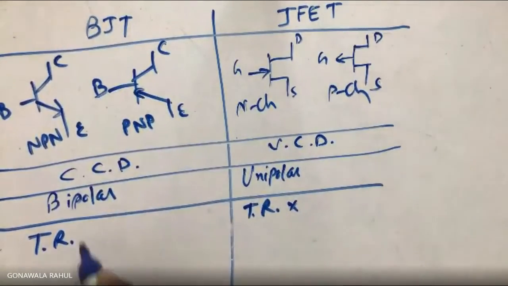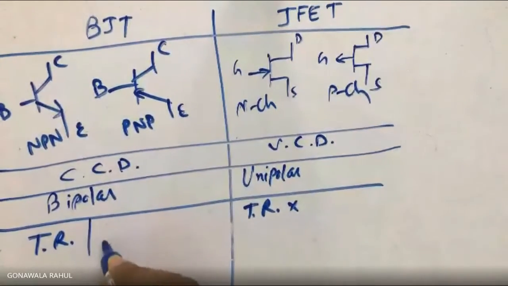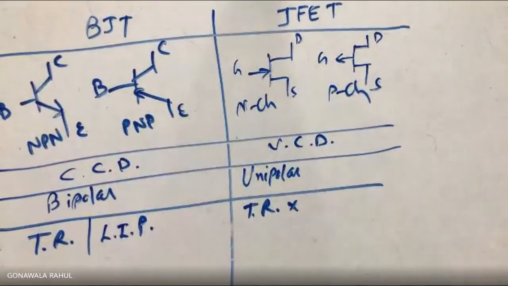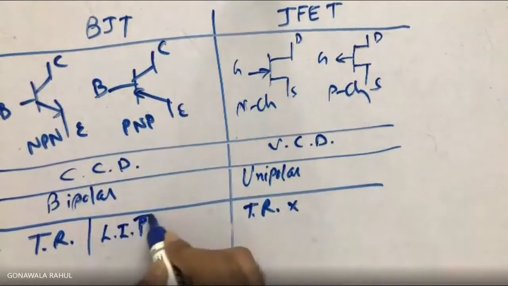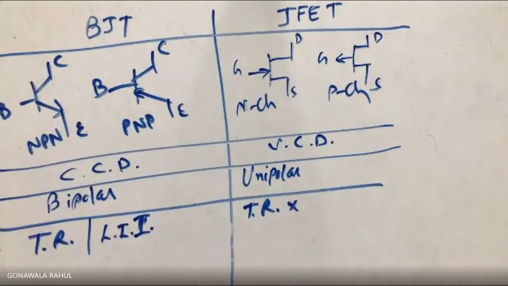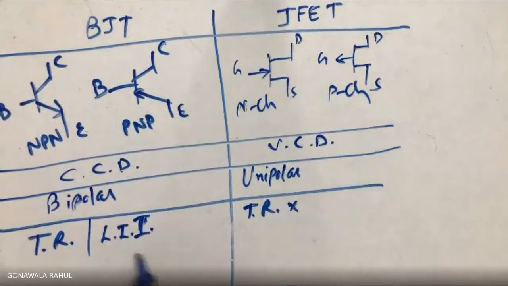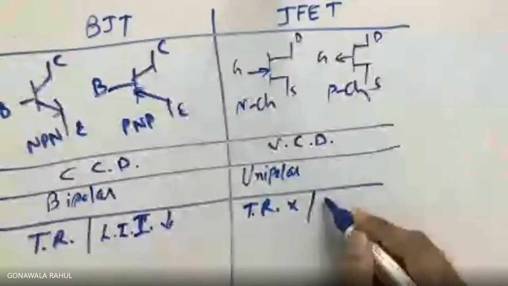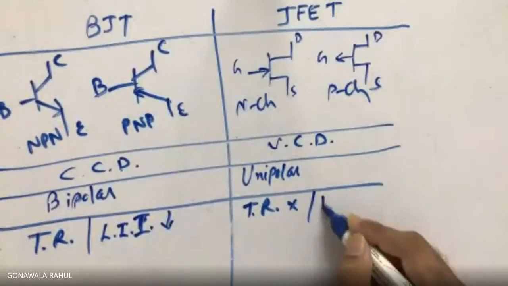Then we have low input impedance in BJT. BJT has a low input impedance, while in JFET input impedance is high.